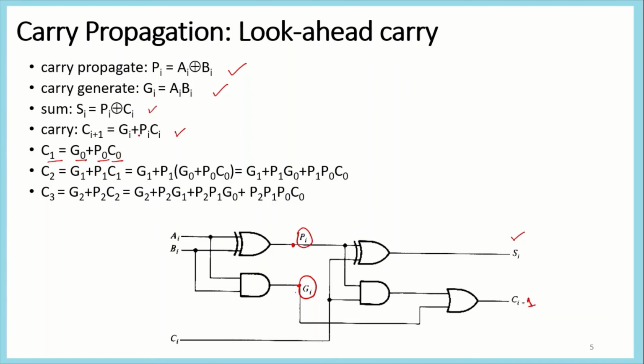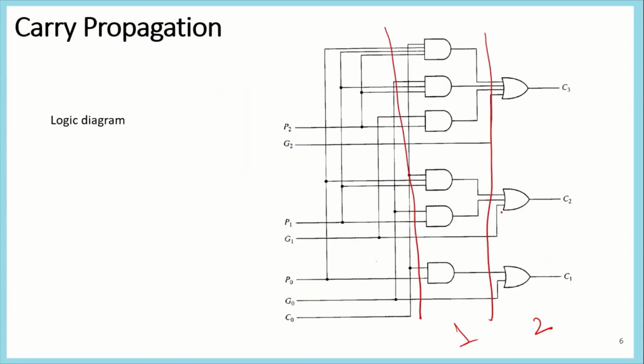This is a two-level diagram. This is the first level and this is the second level. This is the additional circuitry we need in order to reduce delay. If we put this circuit in a box and calculate the delay, it will only need 4 unit delay instead of 9 units as in the ripple carry adder.